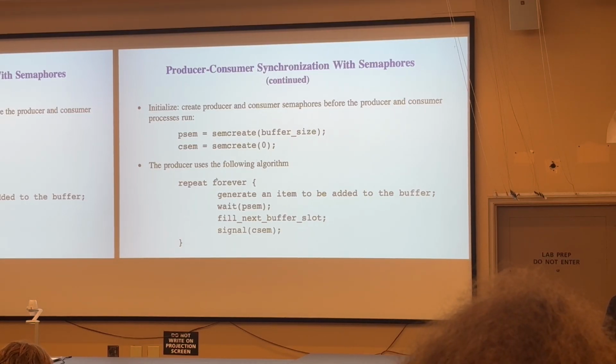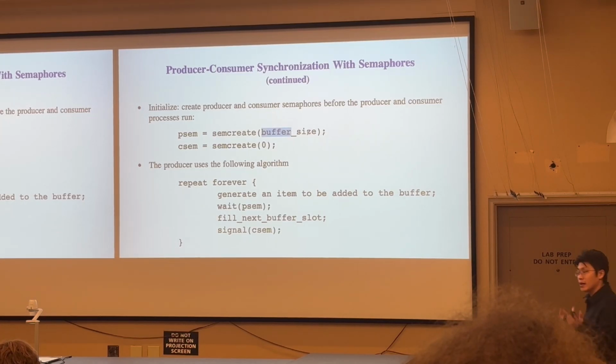Right. So, yeah, create producer and consumer semaphores before the producer and consumer processes run, right? So you have two semaphores. One is the producer semaphore, the other is the consumer semaphore. The producer semaphore is initialized with the buffer size. It means that there are this number of free slots in the buffer. And the consumer semaphore initialized to 0 means that there are 0 available items in the buffer.